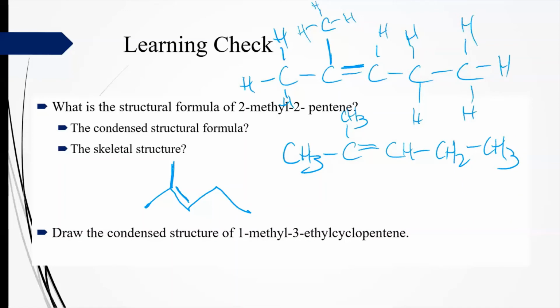So let's draw the condensed structure and then the skeletal structure for 1-methyl-3-ethyl cyclopentene. So start from your carbon chain, use that as your backbone to build. We have cyclopentene, so that should be 5. So 1, 2, 3, 4, 5. Now from carbon 1, that's going to be our methyl.